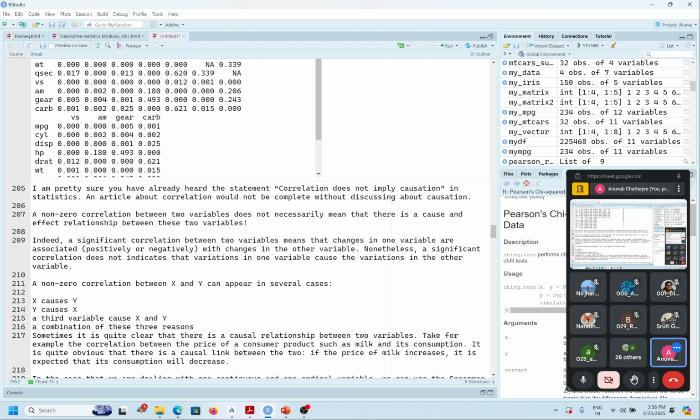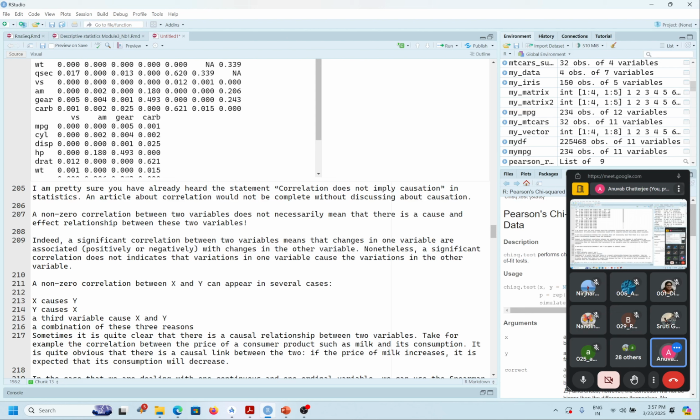For example, say you were able to plot a correlation between the size of your shoes versus the class that you are in at school. You should actually see a positive correlation, right? The bigger your shoe size is, the higher the class you are in, so both of them are correlated.